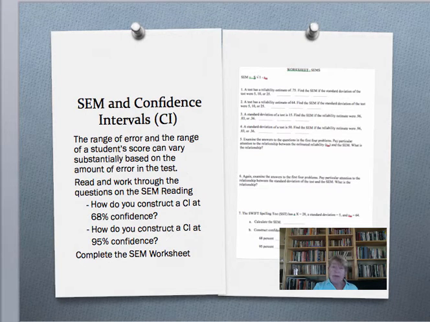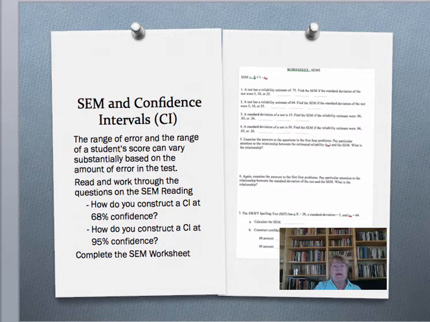So it's got a mean of 28. We're interested in a score of 17. And I want you to calculate the SEM, first of all, for that test, and then construct a confidence interval for a score of 17 at 68% confidence and at 95% confidence. So take a moment to go ahead and do that.